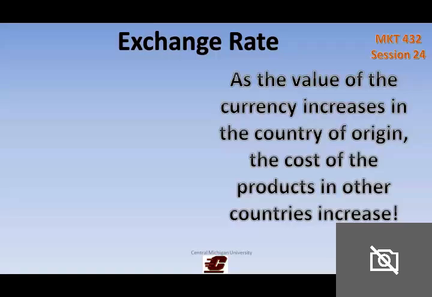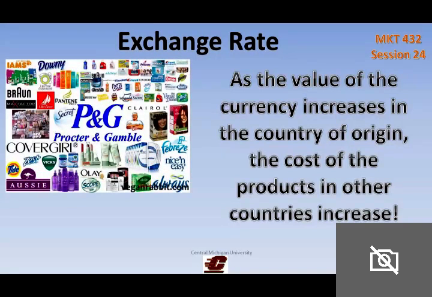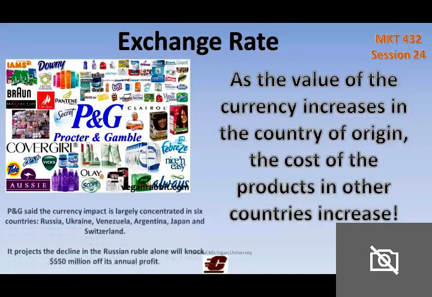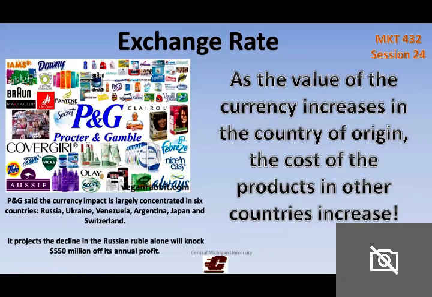With globalization today, many manufacturers are located throughout the world. One example of this is Procter & Gamble. They produce and distribute their products globally. As a result of currency impact, they're seeing a large impact on their profitability.